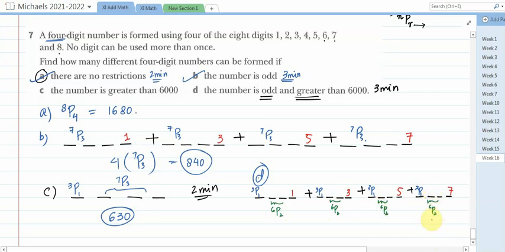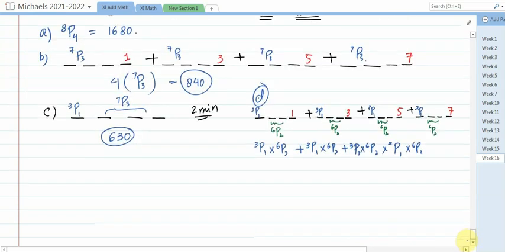Alright, now the final answer will be 3P1 times 6P2 plus 3P1 times 6P2 plus 3P1 times 6P2, and for the last one 2P1 times 6P2. So when you solve all of this, you will get the final answer. It's 330, and that is your part D answer.